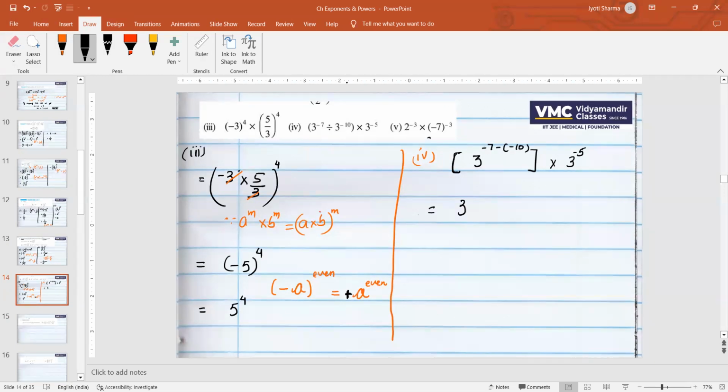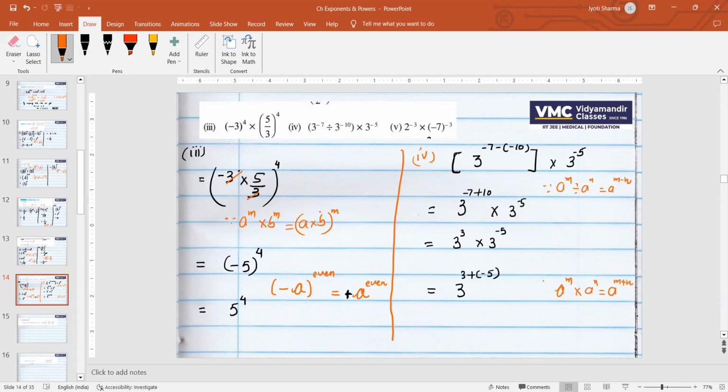Plus this will become minus 7 plus 10 into 10 to the power 3 raised to the power minus 5. Here the law which I have applied, now I will apply the law where powers are being added, because there is a multiplication sign now.